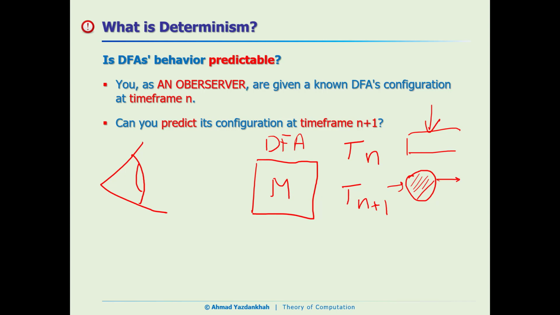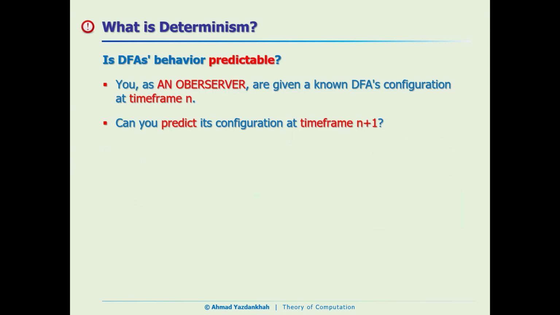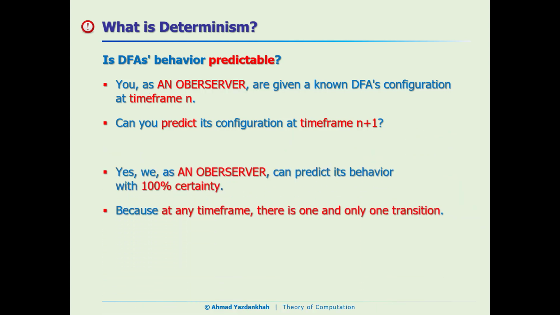Now, can you predict what would be the configuration of the machine at time frame n plus 1? That's the important question. Just remember, we are talking about one observer. Yes, we can predict it with 100% certainty.